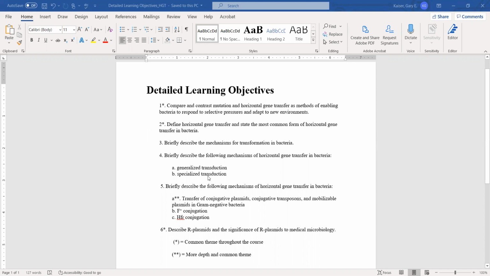So notice on objective 4, again, no asterisks. So basically you'd expect to see maybe a multiple choice description of generalized transduction and or specialized transduction, and be able to match the description with the type of transduction. So to answer objective 4, let's go to our Softchalk lesson and look in the table of contents for transduction.